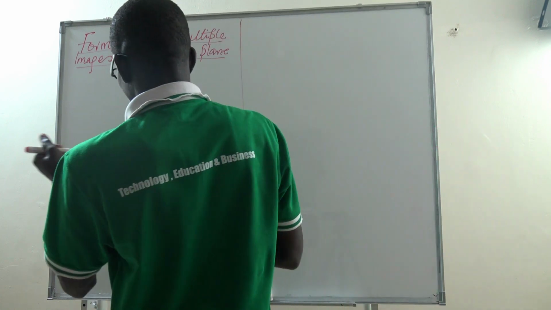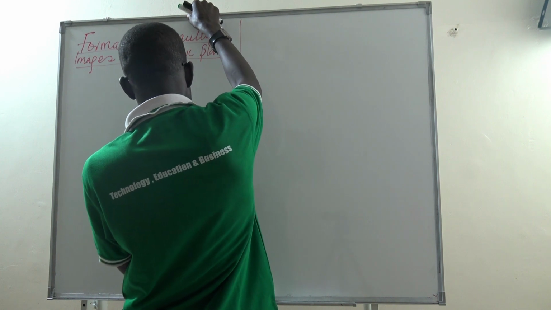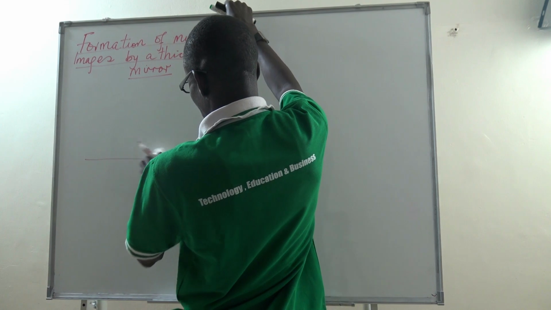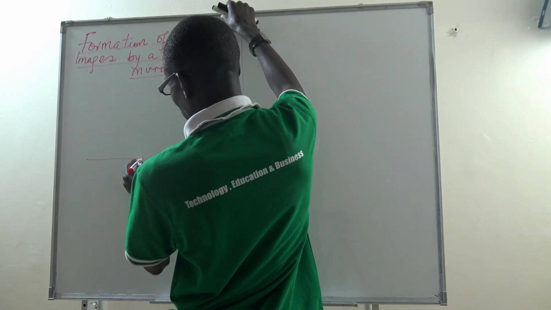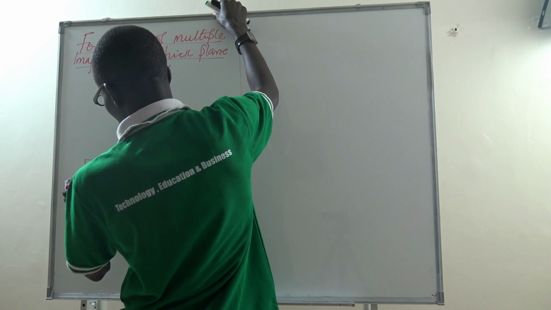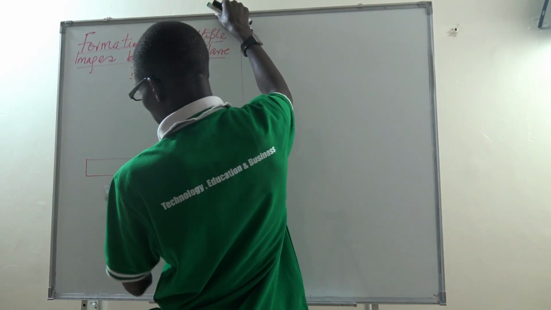So, as a simple sketch of my idea here, I'll draw my thick plane mirror like that. And then maybe I can have something like this, okay?